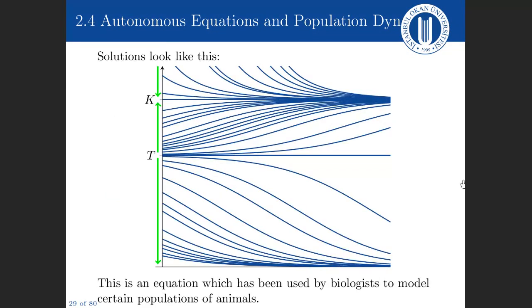So solutions converge to the asymptotically stable K and 0, and diverge from T. This is actually quite a good model. It is a model which has been used by biologists to study the populations of certain animals.